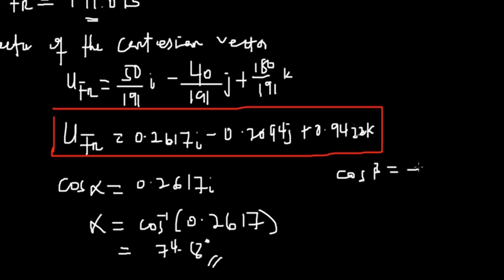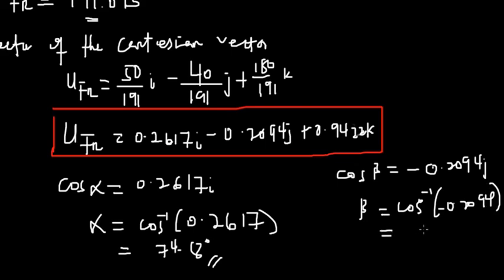Let's look at cos beta, which is minus 0.2094. When you compute beta, we have cos inverse of minus 0.2094, and you end up with 102 degrees.